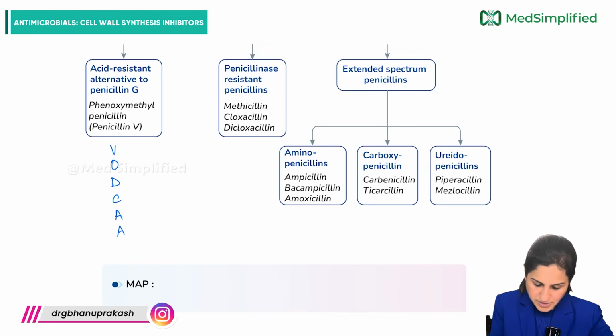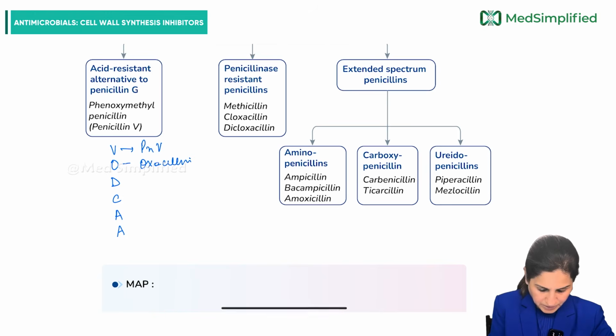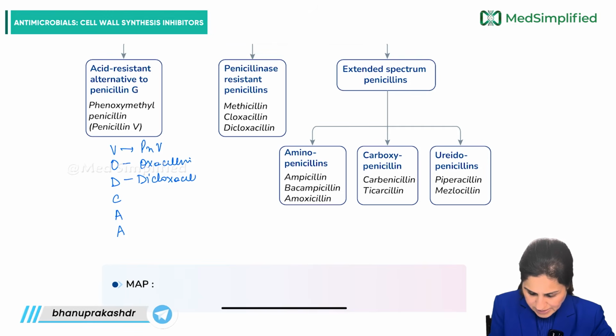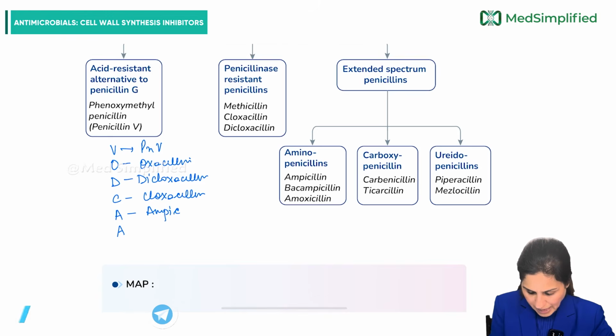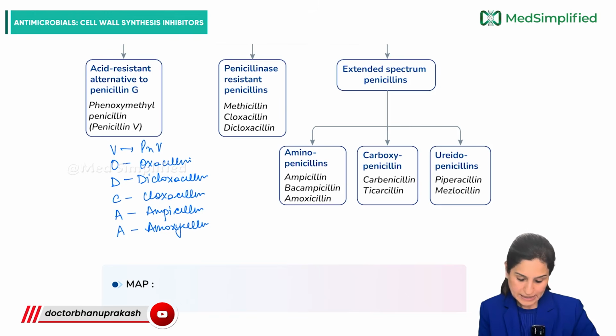So here, acid-resistant penicillins: V is penicillin V, O is oxacillin, D is dicloxacillin, C is cloxacillin, A is ampicillin, and the other one is amoxicillin. So even a single A I can write as the aminopenicillin.